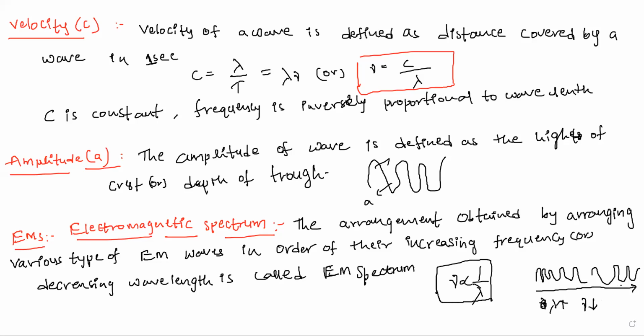Electromagnetic spectrum is nothing but these total wavelengths are arranged in order of their increasing frequency or decreasing wavelength, and that is called electromagnetic spectrum.